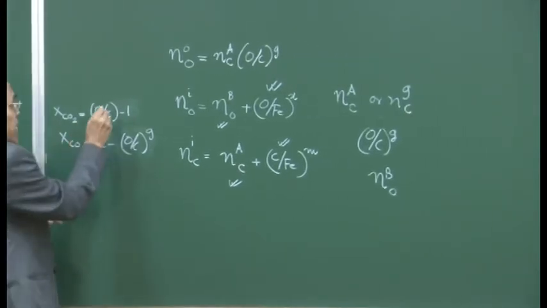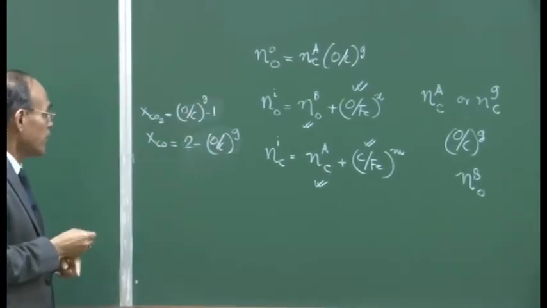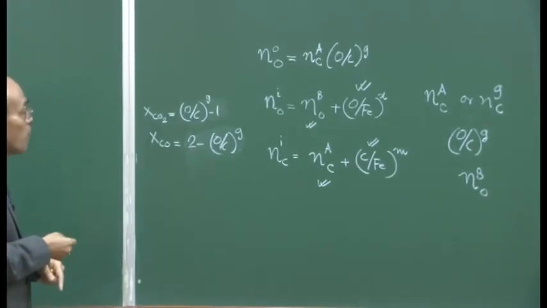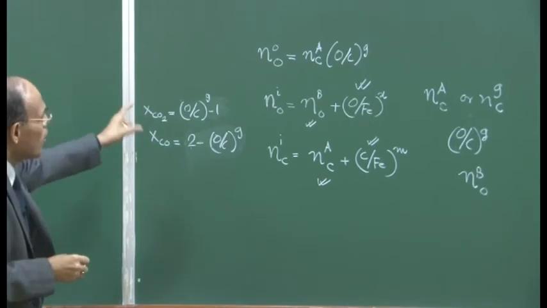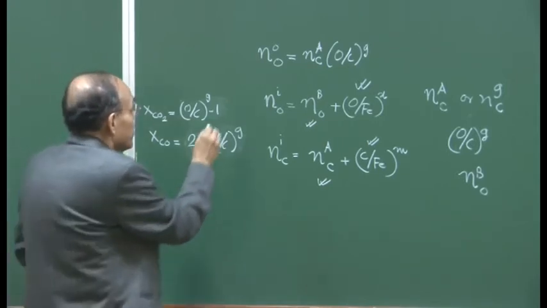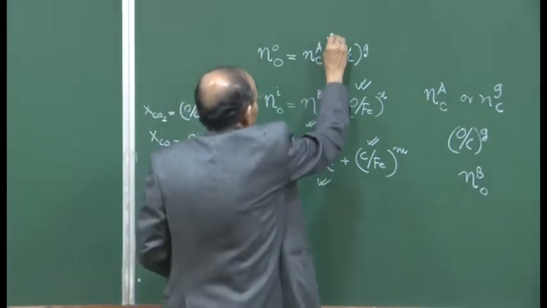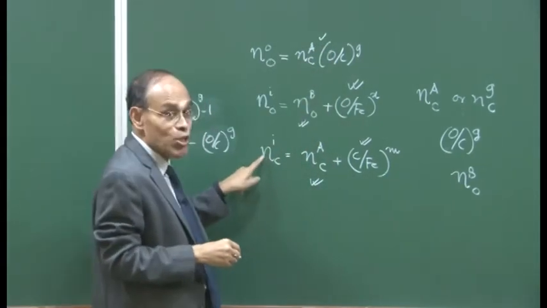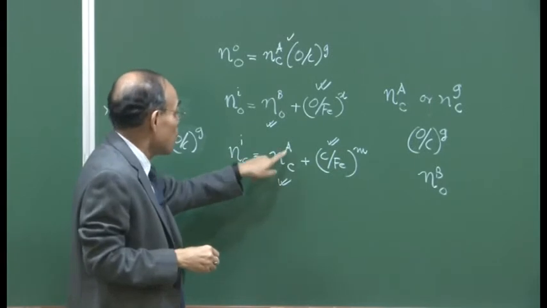Once you know the O by C of the gas and the top gas composition in the carbonaceous part, we will be able to calculate explicitly the composition of the gases. This is the composition and O by C relationship. This equation tells us the output can be calculated, provided I have already calculated it from the input, because the input of carbon I have somehow calculated. So NaC is known.